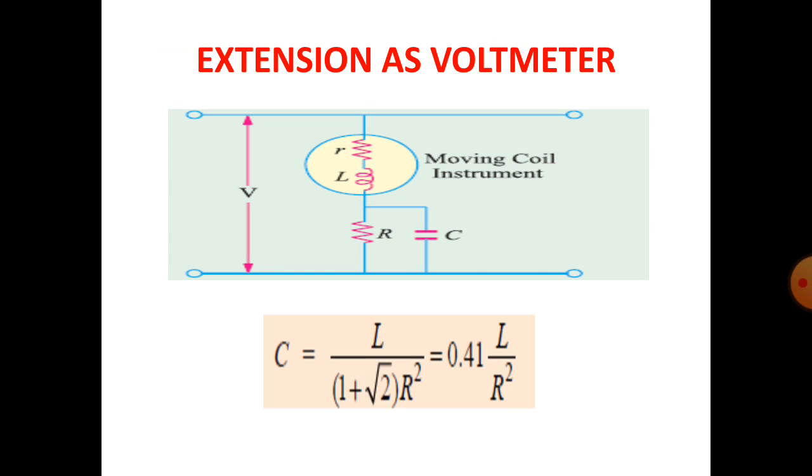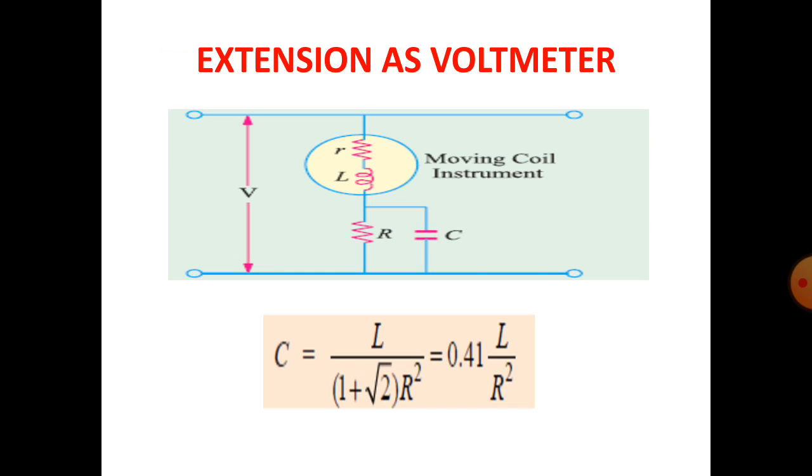In the case of dynamometer type voltmeter, the capacitor C is connected across the series resistance RSE in such a way that the capacitive reactance is cancelled out by the inductive reactance. Here capacitive reactance and inductive reactance cancel each other out in the basic instrument, and thus the meter becomes independent of frequency.